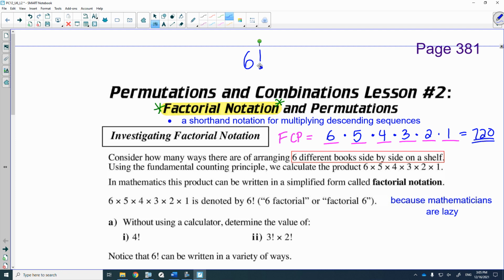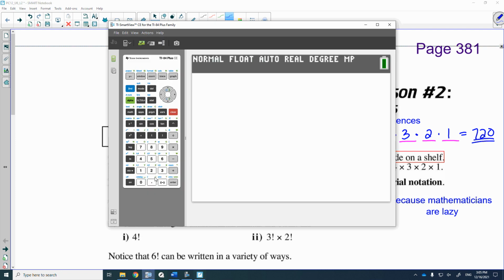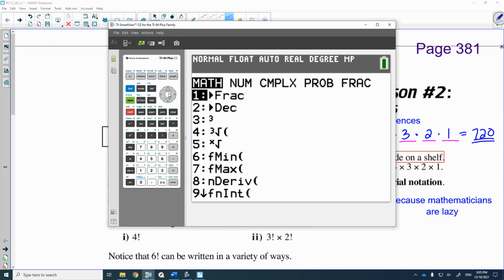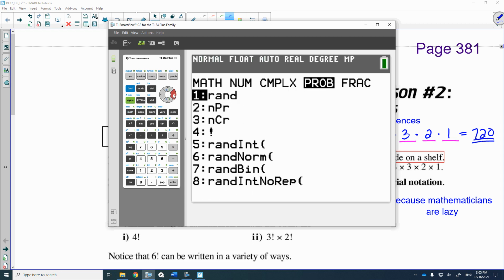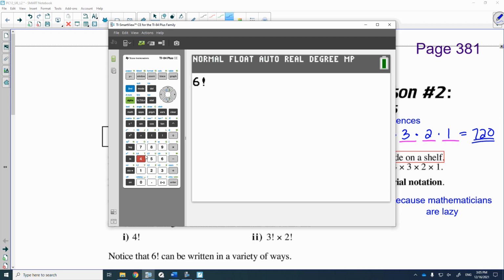So we do have this button on our calculator. So take out your calculators, type in 6, go to math, and scroll over to probability. So the factorial button is number 4. What this button will do is it will descend the numbers 6 times 5 times 4 all the way down to 1, and will give us 720. So why do we want a shorthand way to notate?